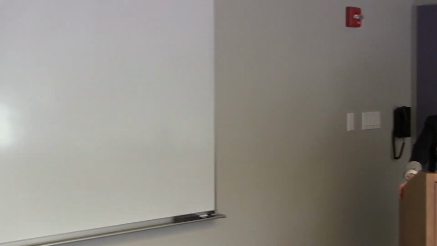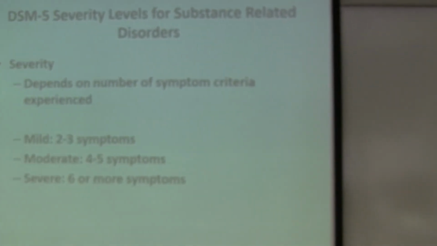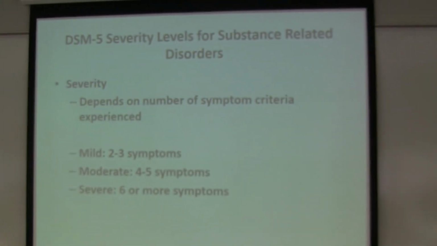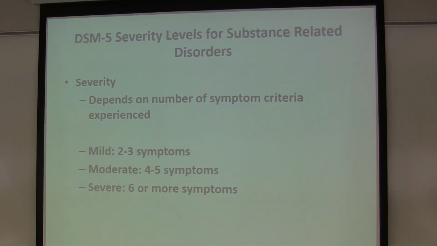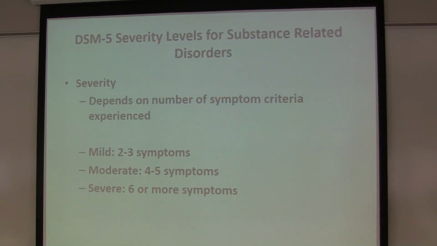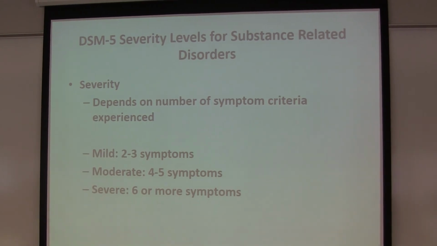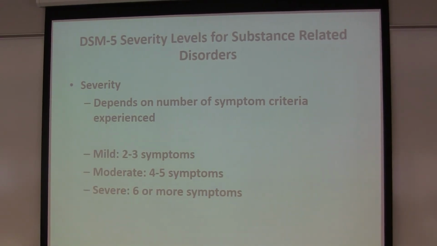So DSM-5 has done a lot of work in looking at severity levels. While we always had a continuum that moved from social use to abuse and then to what we called in DSM-4 dependence, what we look at in DSM-5 are severity levels. And severity levels depend on the number of symptom criteria experienced by the individual.